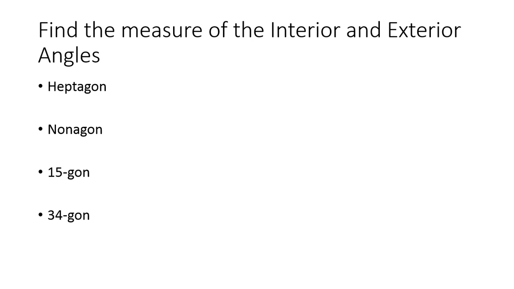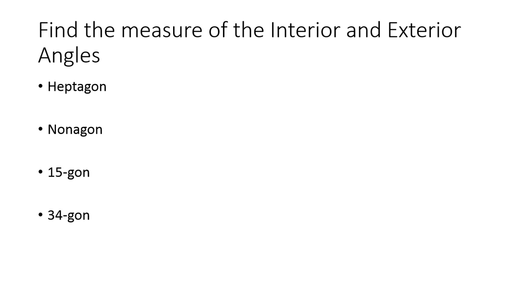With these shapes, I want you to take a minute and pause the video and try to find the measure of the interior and the exterior for each of the following. All right, with the heptagon, how many sides does it have? The heptagon has 7 sides.